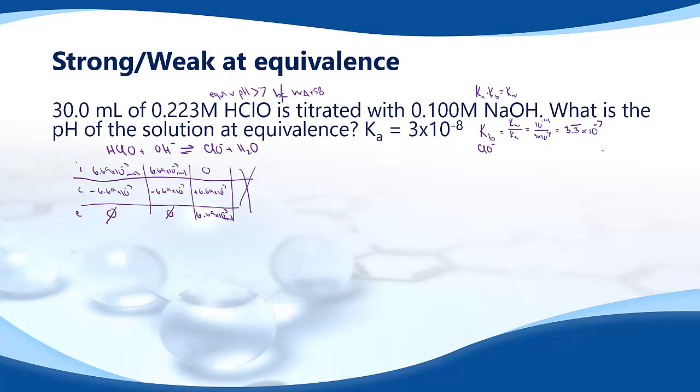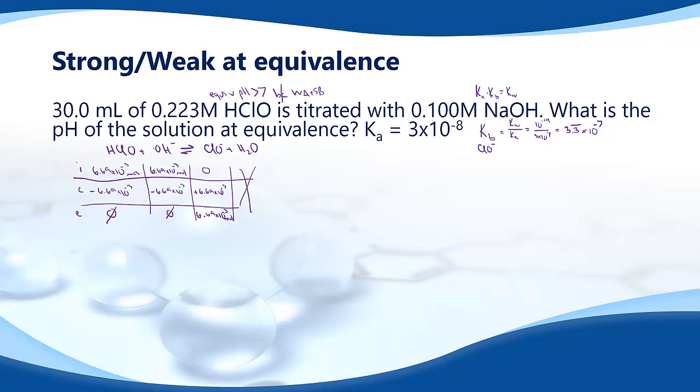So what we can actually do, and here's the cool thing about this, is we're actually going to reverse this process a tiny little bit, right? Because the thing to remember is that this reaction that we're working with right here is in equilibrium. So we have ClO minus, our weak base. That weak base is going to react with water to form a tiny little bit of hydroxide and a tiny little bit of HClO.